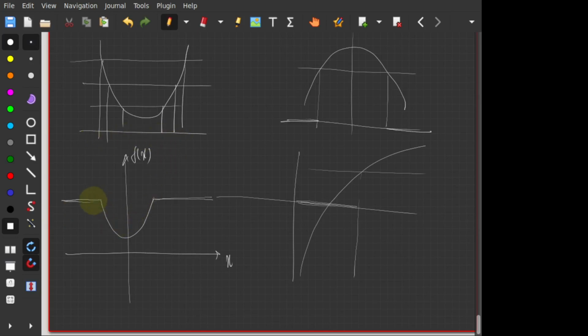So what would be the level sets in this case? They'll all be convex, right? So this is some value of beta that I take. If alpha is less than beta, then these are intervals.